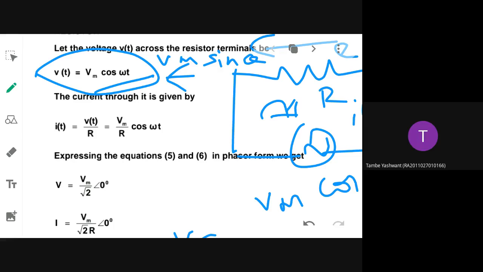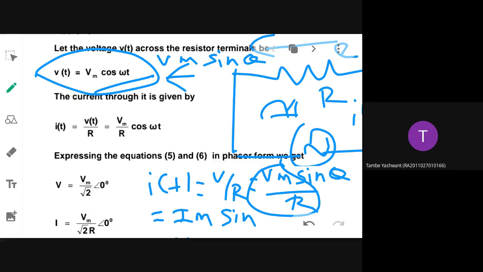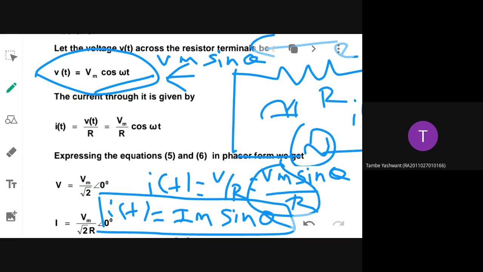Ohm's law, V by R. So V is Vm sin theta divided by R. Now I will group Vm divided by R and write it as Im. So now I have I of t equal to Im sin theta. This is the relationship for I of t and this is the relationship for V of t.